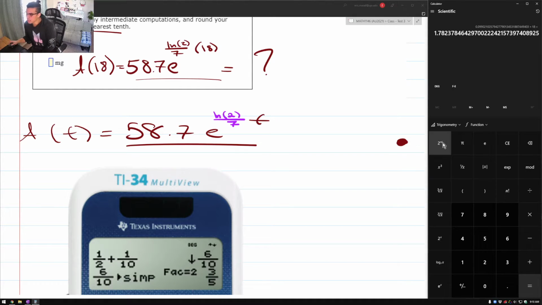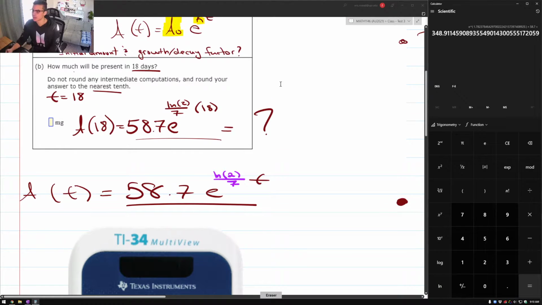Now I'm going to use that value as the exponent for e. So e raised to that value is what I got there, and then I'm going to multiply that by 58.7 and click enter. And now I got 348.9.